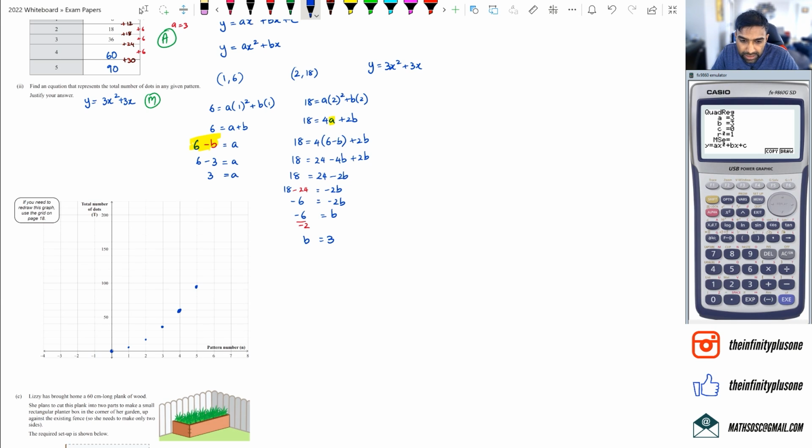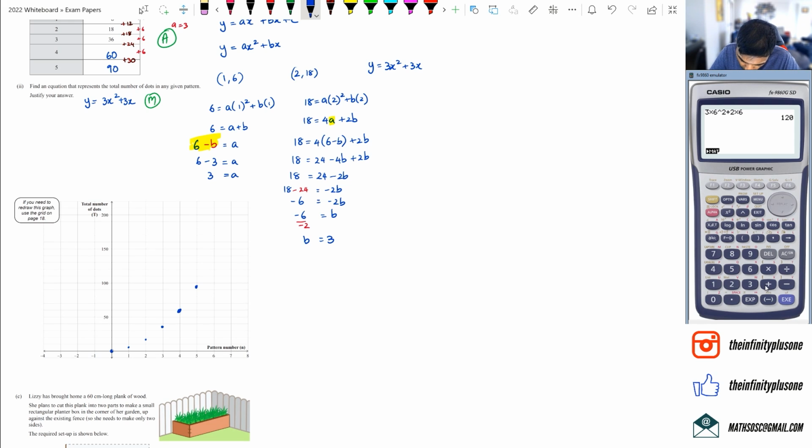To do this, I would need to go into my calculator and substitute those values. So we had 3 multiplied by x squared, so it's 3x squared plus 3x. We're going to put 6 squared times 3 plus 3 times 6.